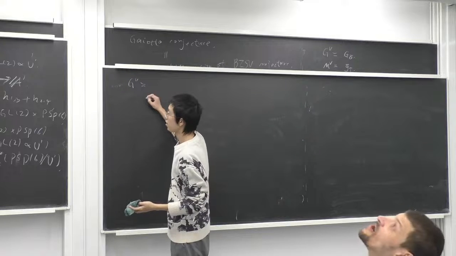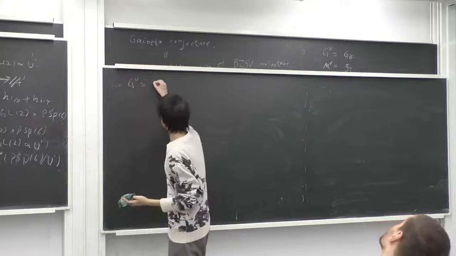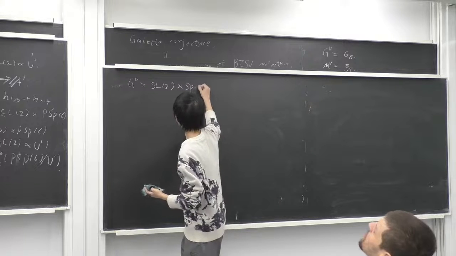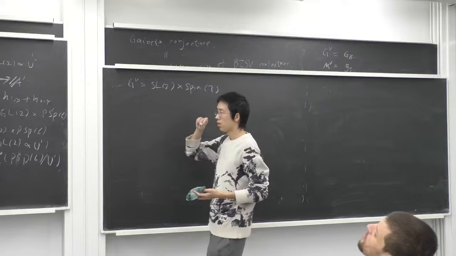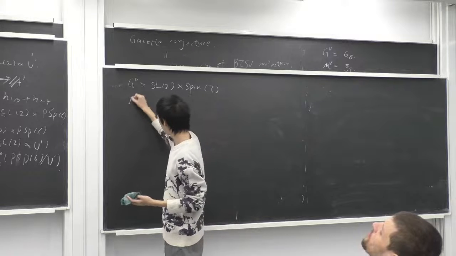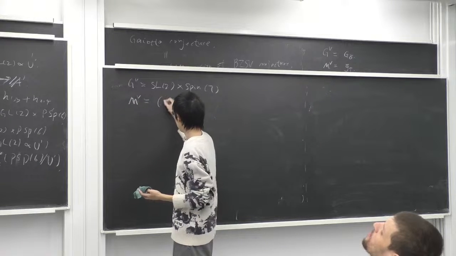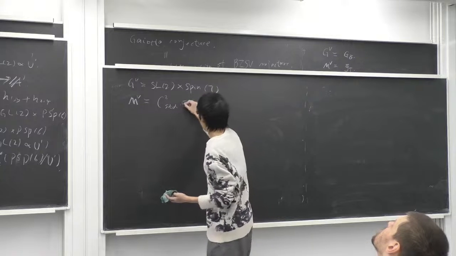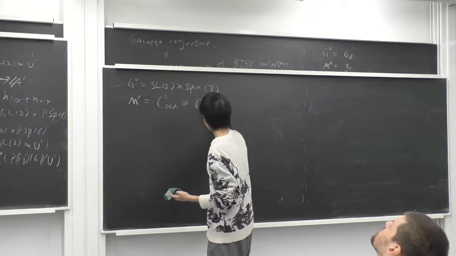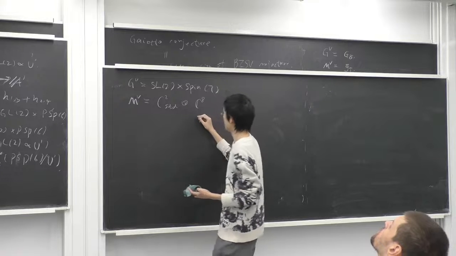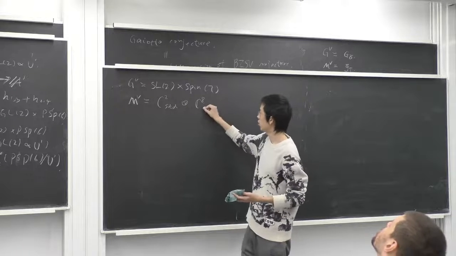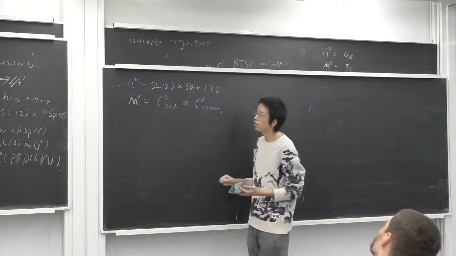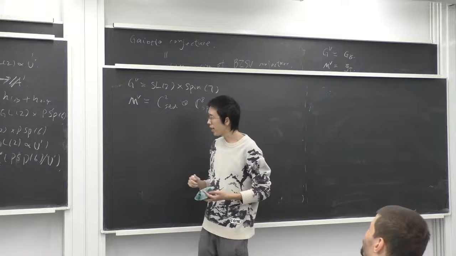Your G check is SL2 times Spin7. And your M check is the standard representation of SL2 tensor with the 8-dimensional spinor representation of Spin7. So that is your dual hyperspherical variety.